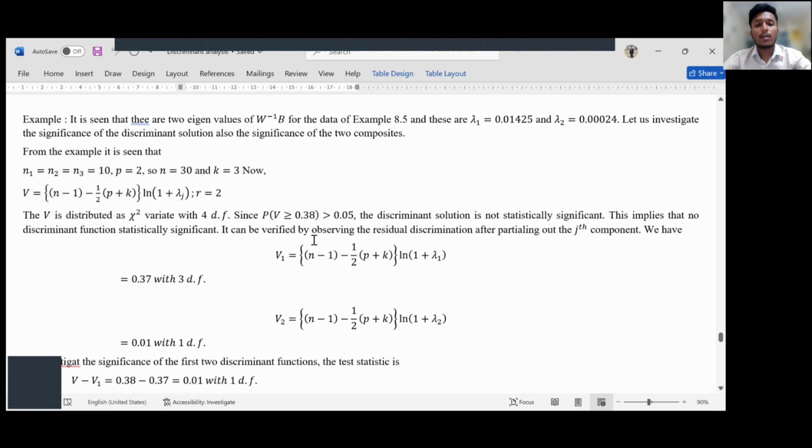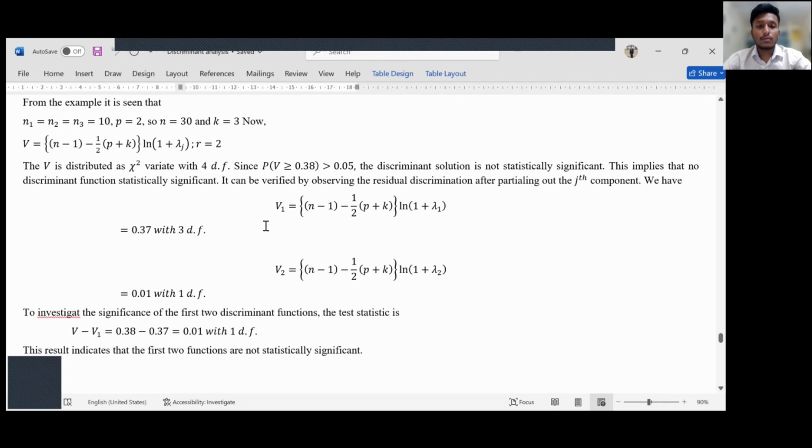It can be verified by observing the residual discrimination after partialing out the jth component. So we have calculated for eigenvalue 1. The first eigenvalue V_1 is equal to n minus 1 minus 1 by 2 of p plus k, ln of 1 plus lambda_1. So here our probability is 0.37 with 3 degrees of freedom, and for the second eigenvalue it is 0.01 with 1 degree of freedom.